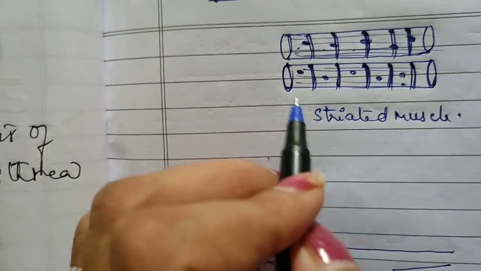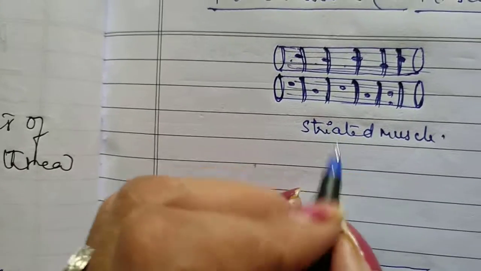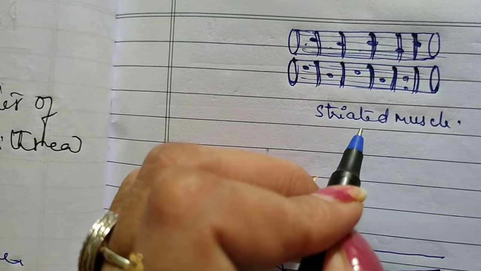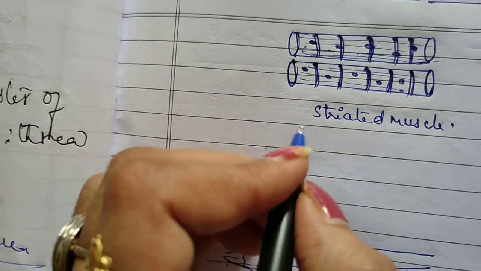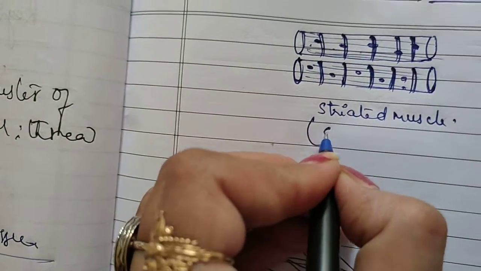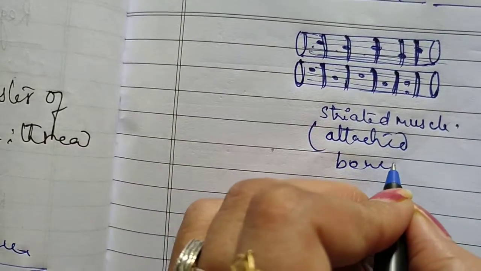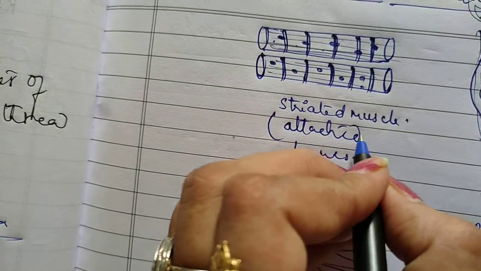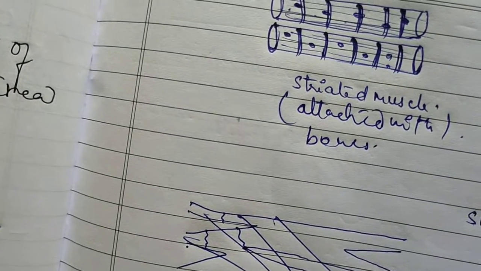So this type of striations form them striated muscles or skeletal muscles, because they are involved in the movement of the body. And they are attached with bones. So there is a continuous contraction and relaxation, and that's why the name is also skeletal muscles.